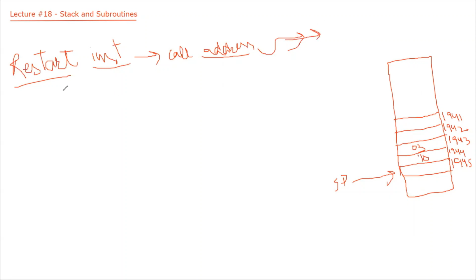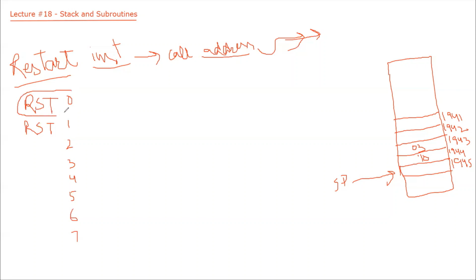Likewise, we have some special instructions which are called restart instructions. There are 8 such instructions. The format of such instructions is RST 0, RST 1, 2, 3, 4, 5, 6, 7. So what is RST doing?